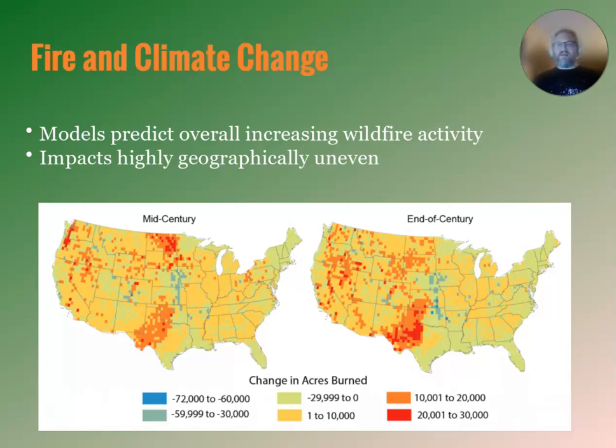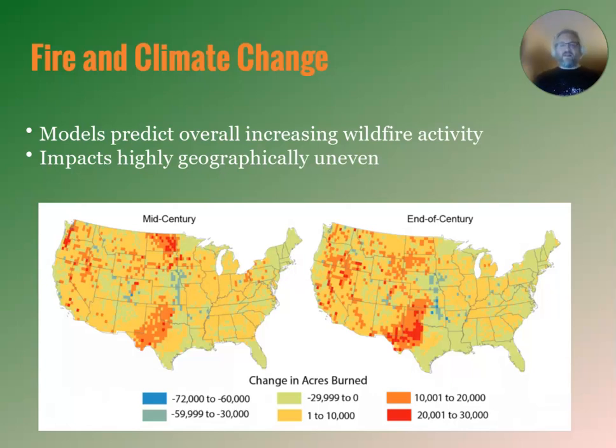These two maps come from some research done by the US EPA, where they're looking at the expected change in the amount of fire that we'd see in the future. And they've got these two points in time, mid-century, so middle of the 21st century, and then the end of the 21st century. And what you can see is that different parts of the country are expected to have different effects from fire.